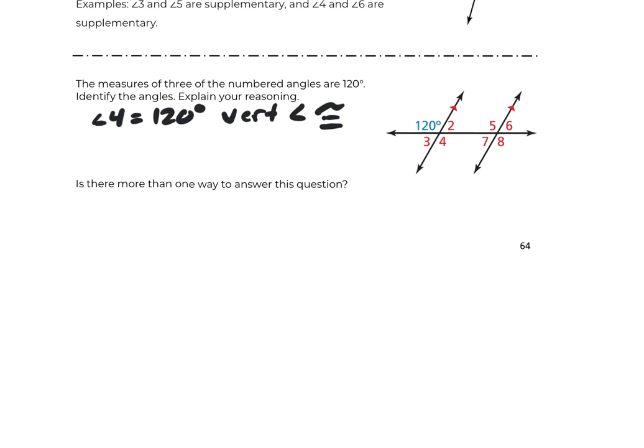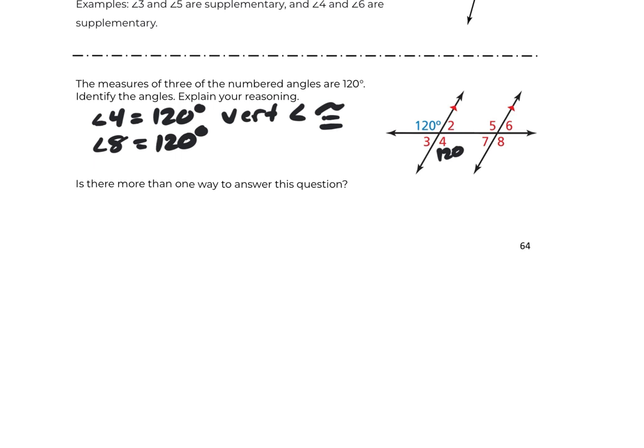Okay, so we said that angle 4 would be 120. What would be another angle that would be 120? Okay, angle 8. And then we have to say why. How do we know angle 8 is supplementary? Or sorry, congruent.